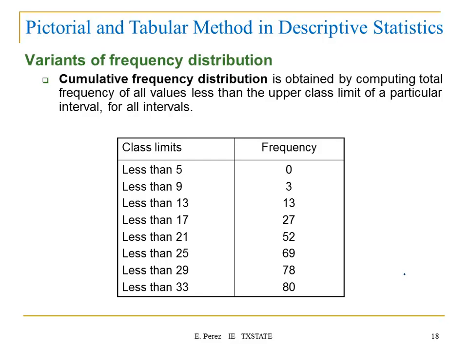Okay, so we can say that these 13 includes these 3 units, because these 3 units are also less than 13. Same thing happens for these 27, when we include this unit and this unit, because these are also less than 17. So what we're doing is a cumulative distribution of numbers.